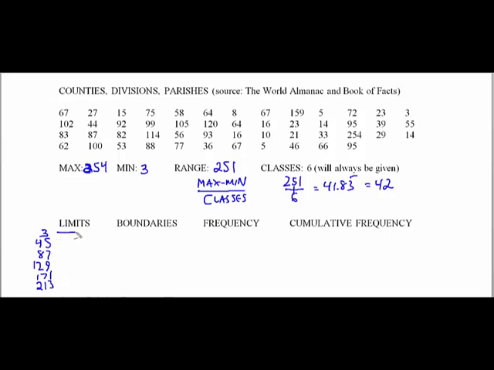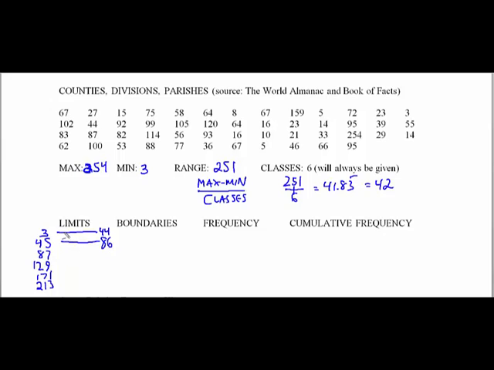Now the first bar of your histogram is going to represent any piece of data between 3 and 44. And then this line is going to represent any piece of data between 45 and 86. You'll note that I'm doing that because I don't want overlap between these two numbers.